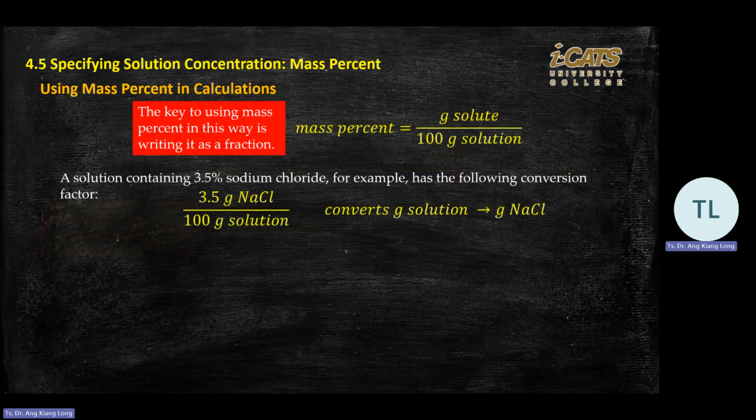Then, for example, if we have a solution containing 3.5% sodium chloride, how do you convert into grams? Let's say you are given 3.5%. It means you need to take 3.5 divided by 100.